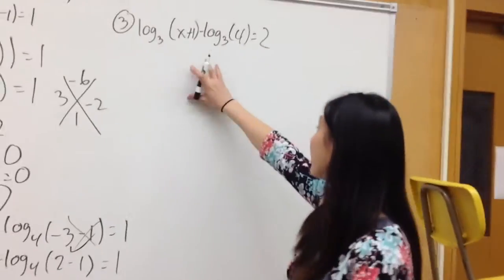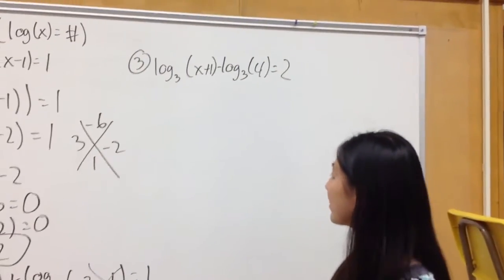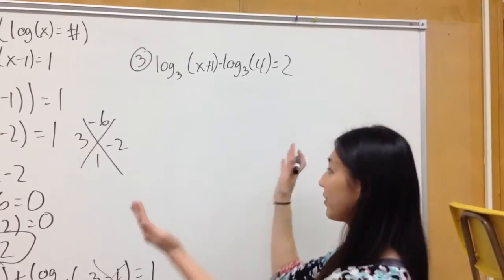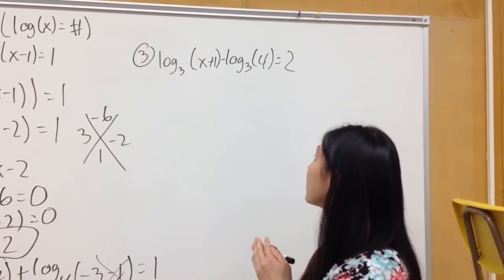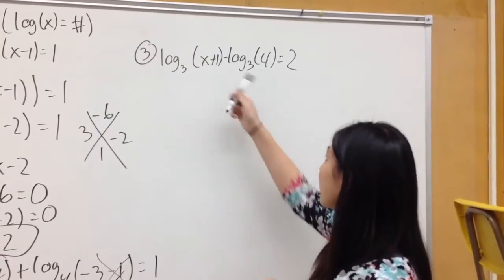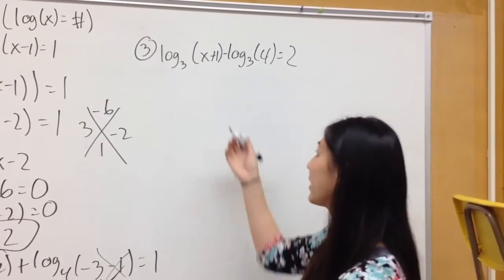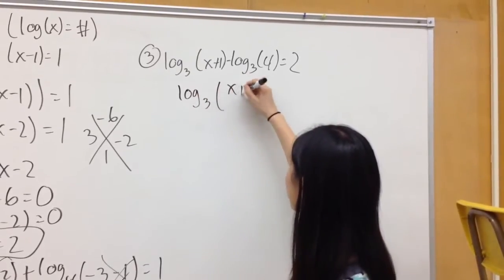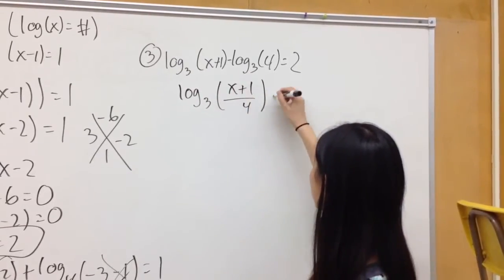All right, let's look at our last one here. So our last example, again, we need to condense these because we need just 1 log on this side. So we're going to condense them. We're subtracting here, so that means we're dividing. So it's going to look like log base 3 of x plus 1 all over 4 is equal to 2.